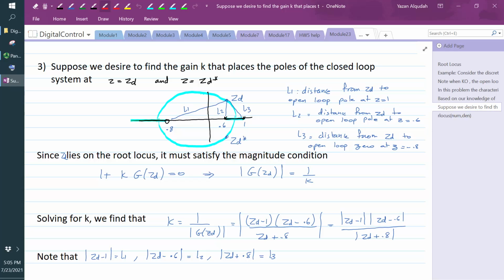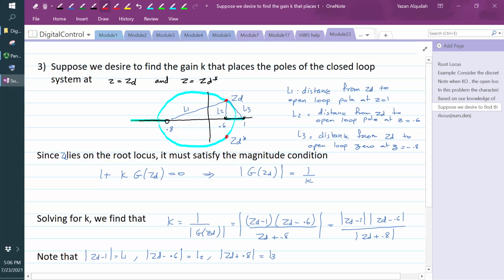So imagine that I want my system, this is not the unit circle, this is the root locus, such that if I were to vary the gain, I want my poles to be operating at these two dots that I plotted here. And this is continuing the example that we started. What is the value of the gain k that will result in the system having the poles at these two locations?